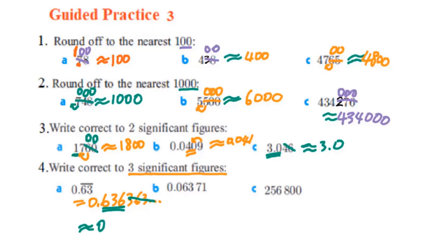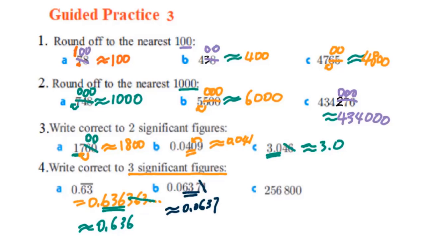So we have 0.636. For B, the first 2 leading zeros are not significant figures. So we start from this 6. I need 3 significant figures. This 1 will be rounded down. So we have 0.0637.